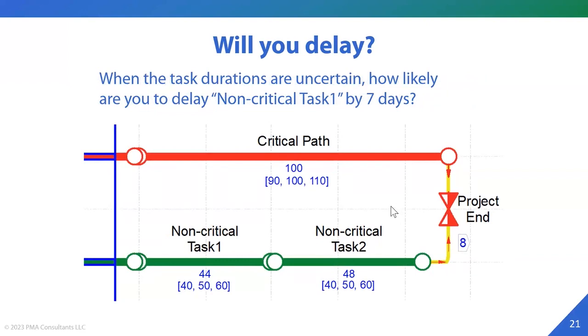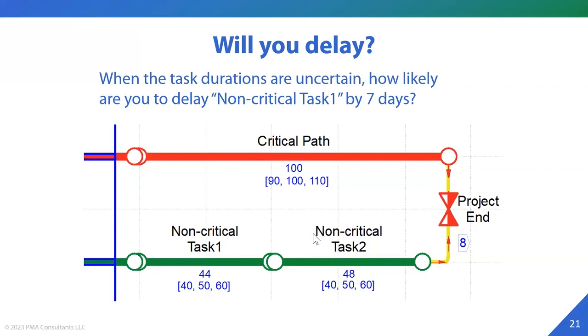Now we inherently know that these durations are uncertain. So knowing the uncertainty now on the critical path and on the non-critical path, how likely are you to delay non-critical task 1 by 7 days? And can we have the second question up now, Brian?